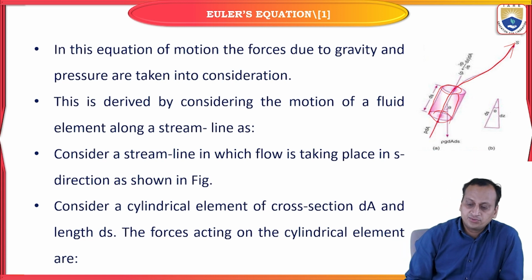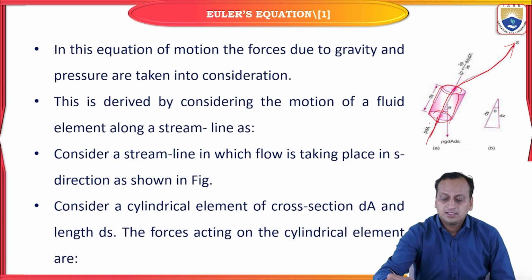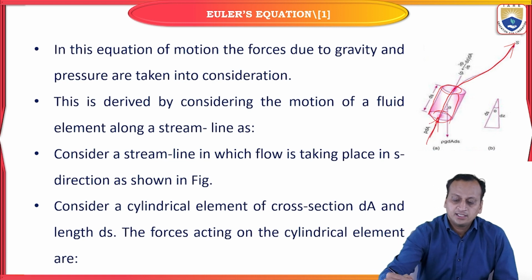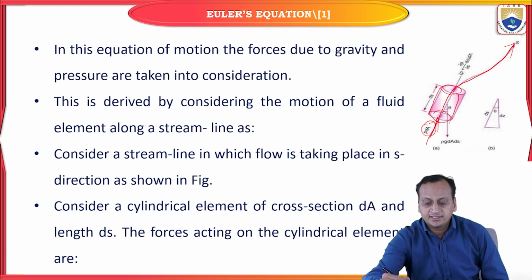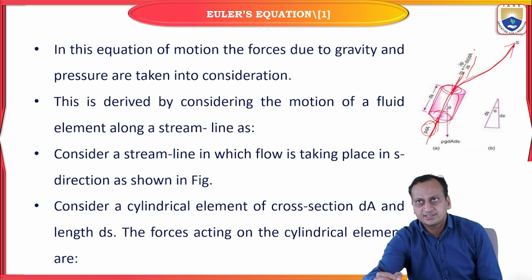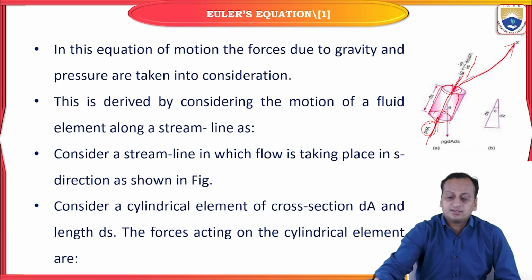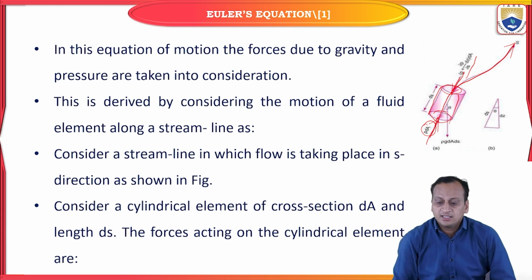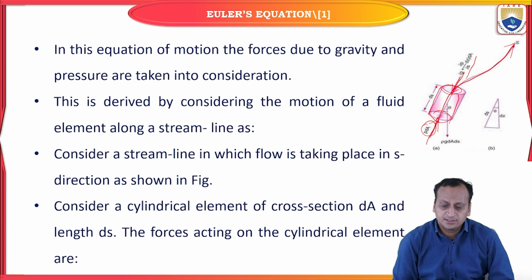The different forces acting on the fluid particle are the pressure force at inlet, that is pressure into area, PdA, and another one at the exit, where the pressure force acts in the reverse direction, equal to P plus dou P by dou S into ds into dA. So this equation is achieved, otherwise you can derive it based on the Taylor's series.